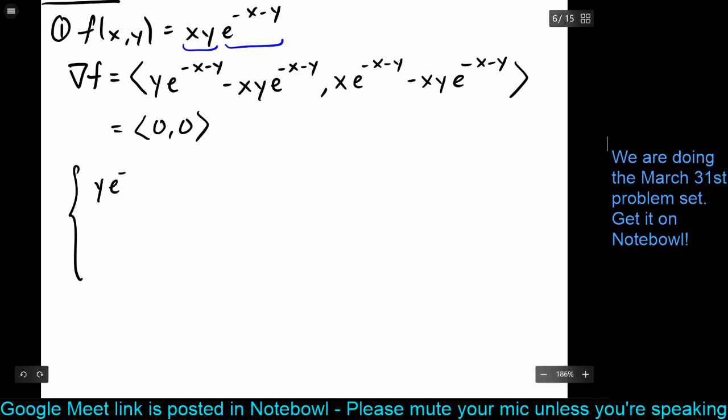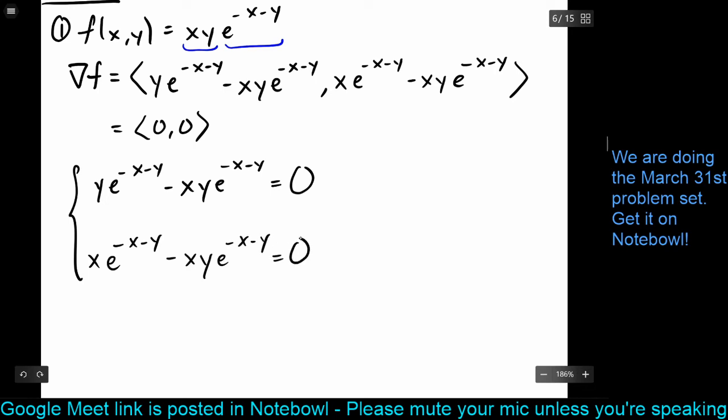We have y e to the minus x minus y minus xy e to the minus x minus y, set equal to 0. And then x e to the minus x minus y minus xy e to the minus x minus y, set equal to 0. So we have these two equations here that we need to solve.